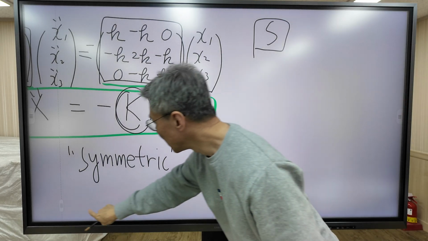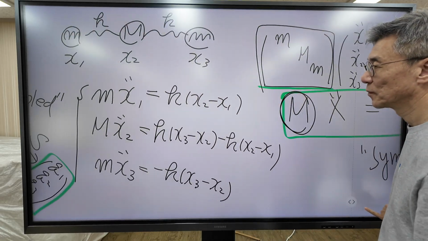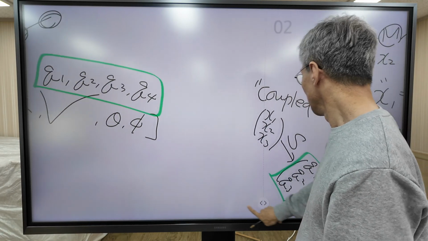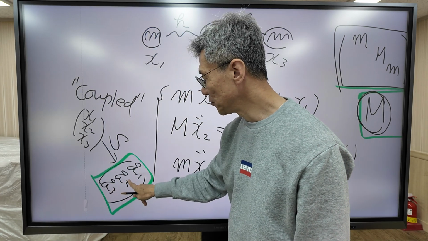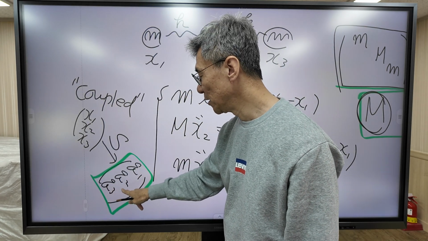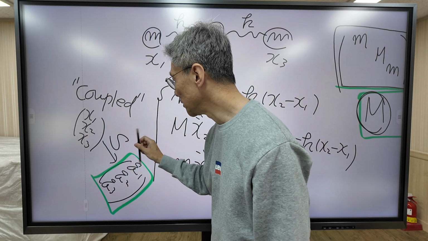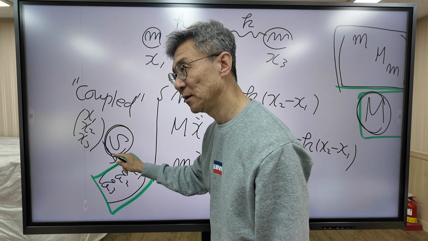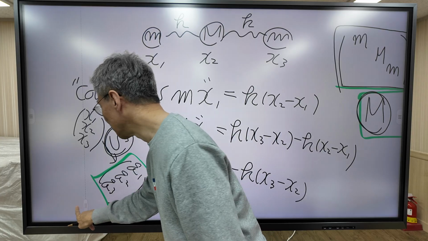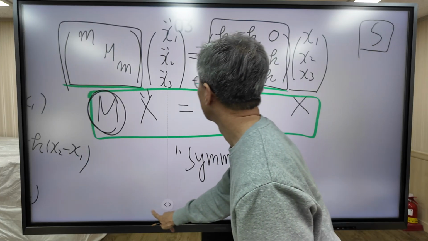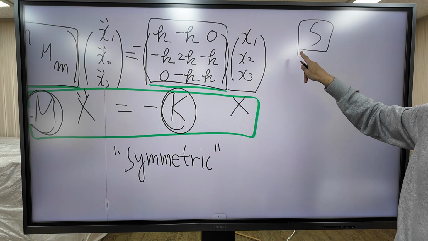Why? As I said earlier, our strategy is that we are going to introduce new coordinates Q1, Q2, Q3. To transform from old coordinates to new coordinates, we are going to introduce matrix S. This matrix is exactly this matrix.